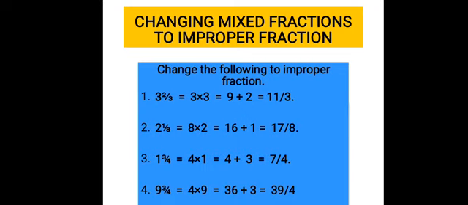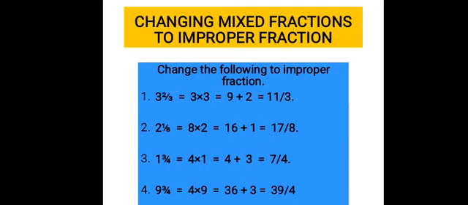So let's look into example 2. Change 2 whole number 1/8 to improper fraction. So the whole number times the denominator, or the denominator times the whole number, whichever way. So 8 times 2 will give you 16. 16 plus 1 will give you 17 all over the denominator, which remains constant.